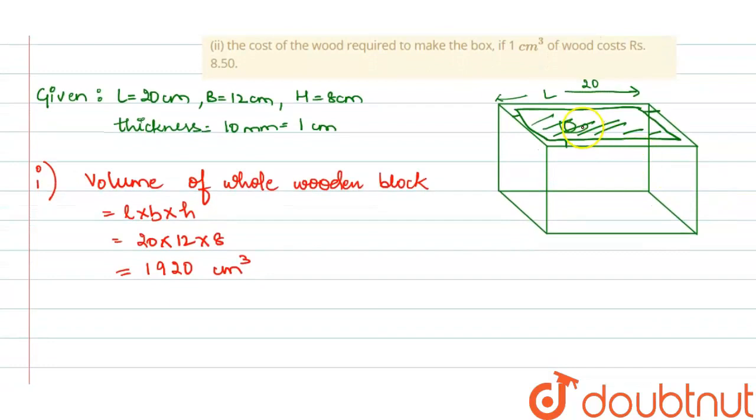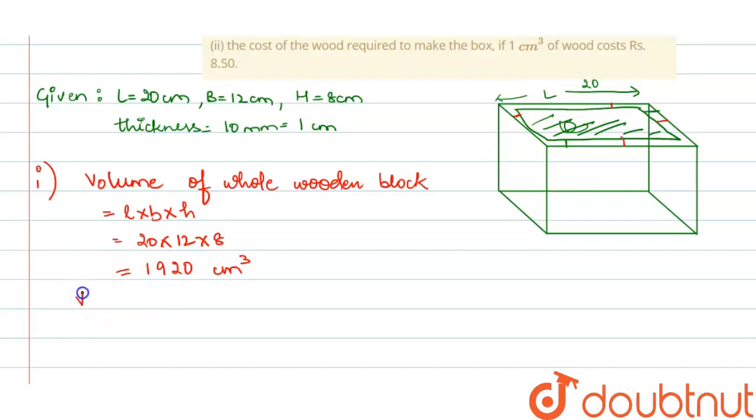It is given that the thickness of the wood is 1 centimeter. So 1 centimeter from this edge and 1 centimeter from this edge is wooden, and the middle part is all air. Similarly, for the breadth and the height, it will be the same.